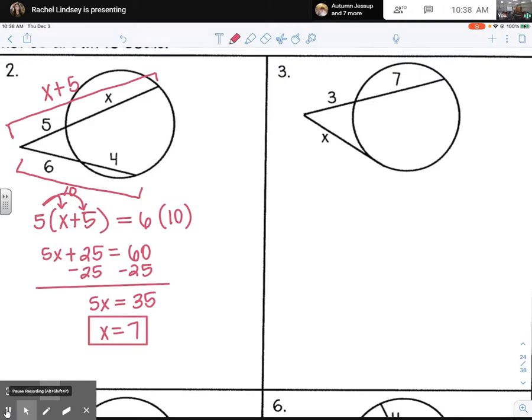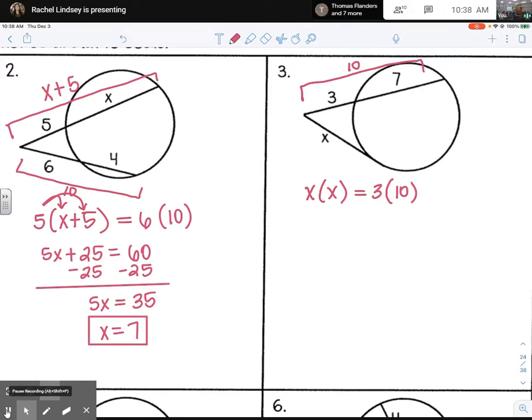Okay, on number 3, what's my outside on the bottom line? X. What's the whole of the bottom line? X plus 0, which is x. What's the outside of the top line? 3. And then the whole would be 10. 3 plus 7 is 10. So I have 3 times 10.